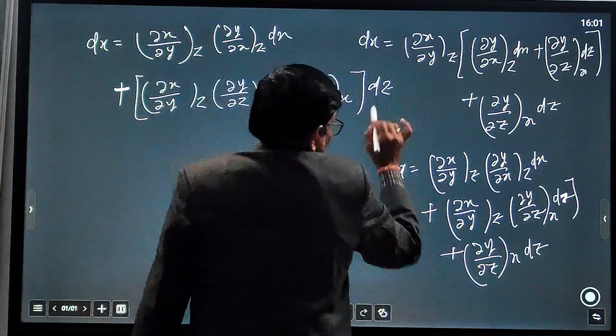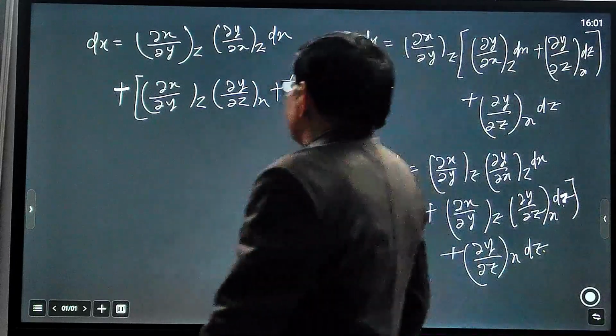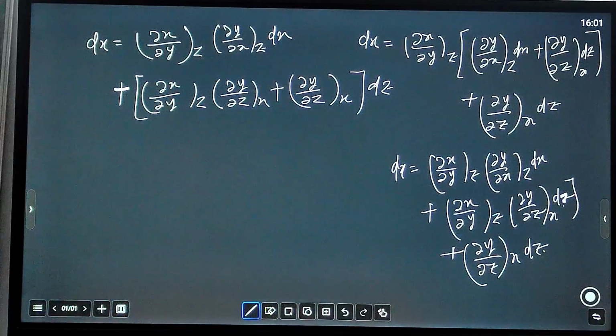Taking dz out, because you can see dz in both terms. Now see this equation.